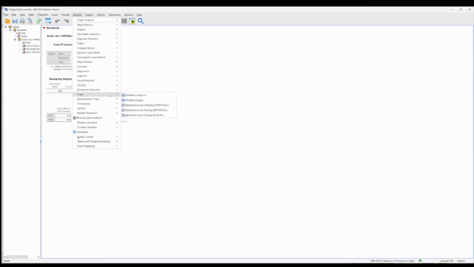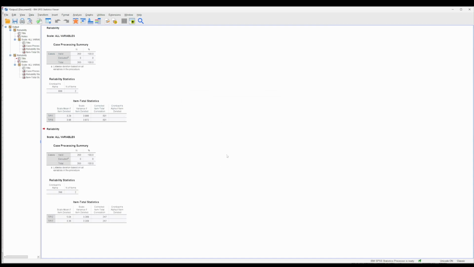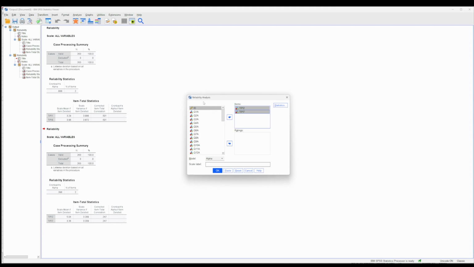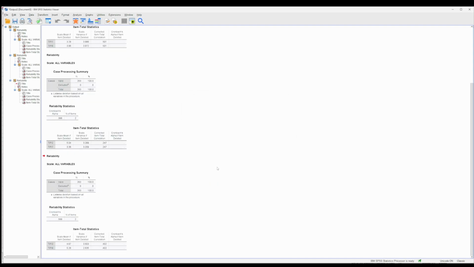So analyze scale reliability. So for agreeableness, it's 2 and 7. Let's have a look. That's really not good at all. 0.396. And let's have a look at conscientiousness. 3 and 8. 0.568.